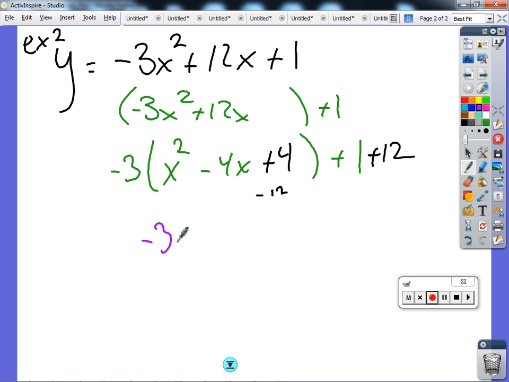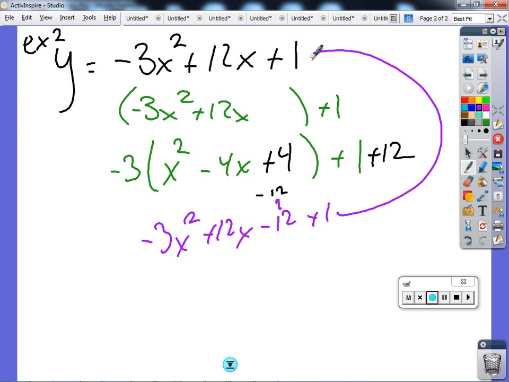So once again, Melania, if I come back to the original problem, I have to distribute that through. So I have negative 3x squared. Negative 3 times negative 4 is a positive 12x. Negative 3 times 4 is a negative 12. And the plus 1 was the green. So when I completed the square, what's different? We still have a negative 3x squared, we still have 12x, we still have a 1.